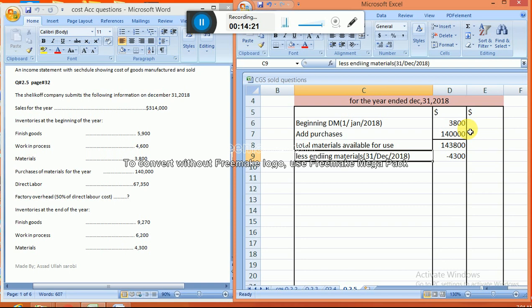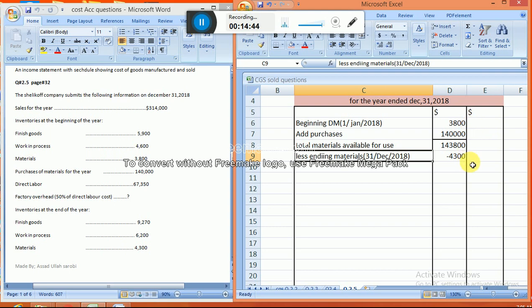So from 2017 the 3,800 material we subtract from over there, and their cost we add here, because these materials are used in 2018. So according to the matching principle, we record the cost of those materials in 2018 here.